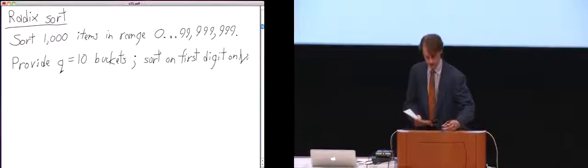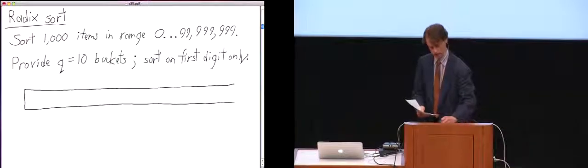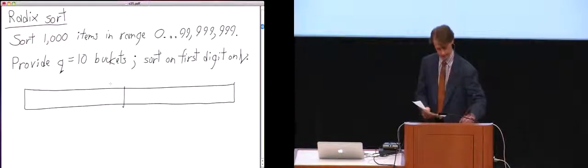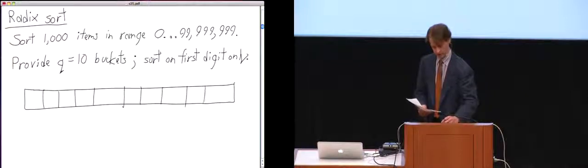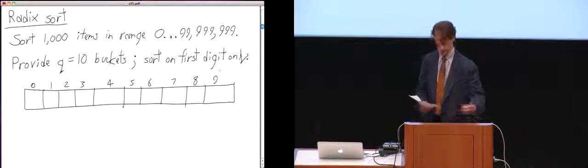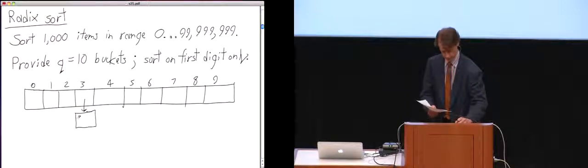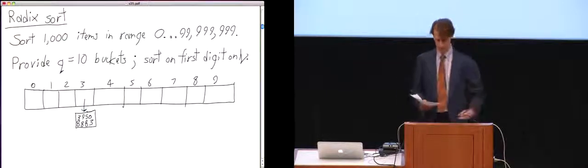So now I'm just going to do a normal bucket sort or counting sort, your choice. They both work. But I'm only going to sort on the first digit. I'm going to ignore all the other digits of the number. So if your number is something like 395088883, the first digit is a 3, so it goes in the 3 bucket.